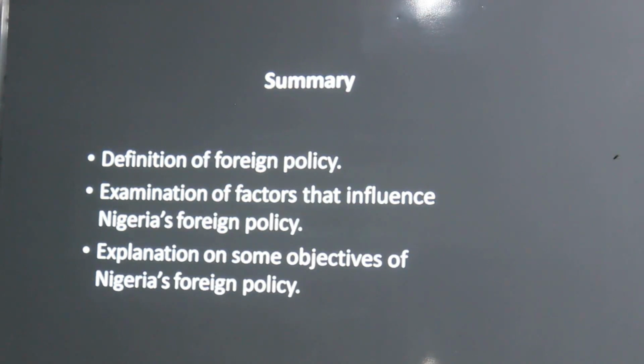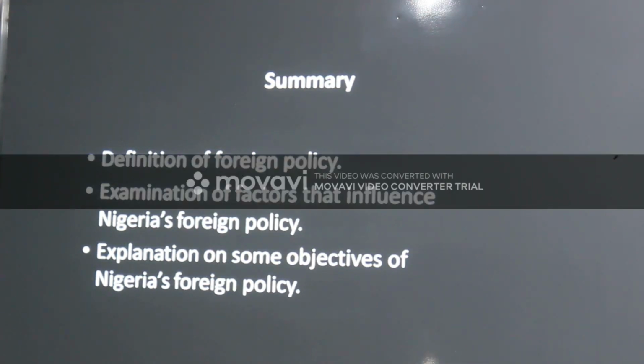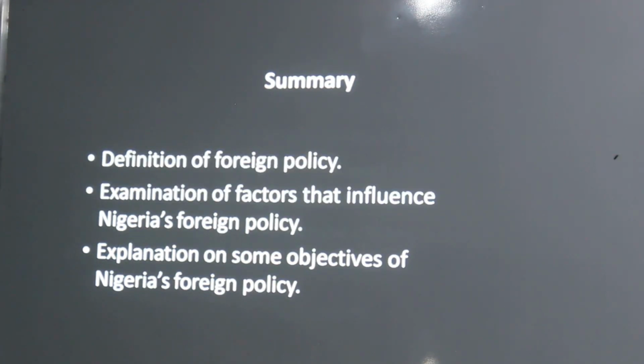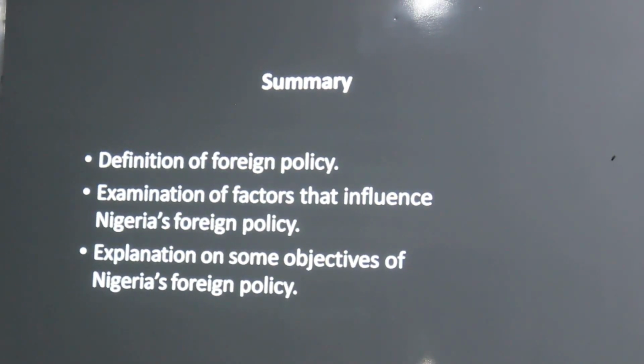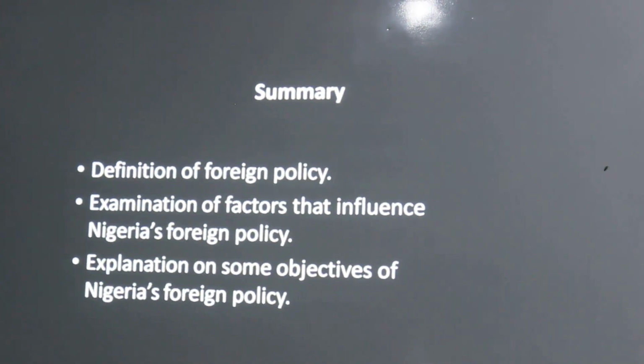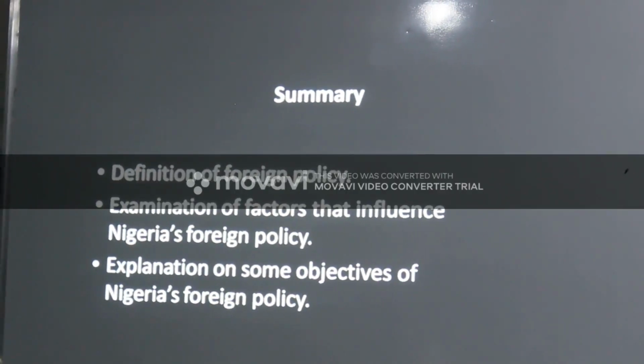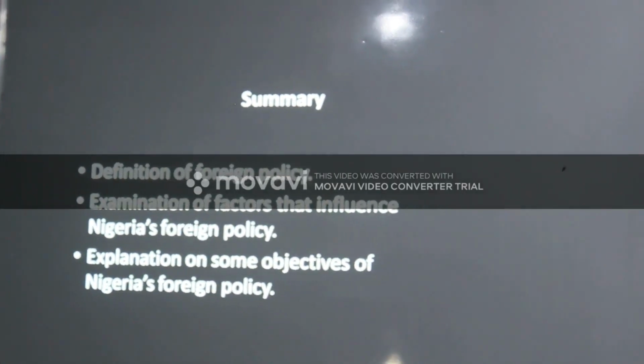We've also discussed the different factors that can influence the formulation of different foreign policies of different nations of the world. One of them, we said, is national interest. Another one is the ideological decision or national ideology of the country.